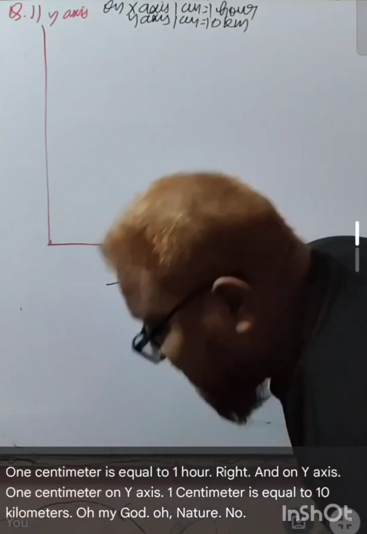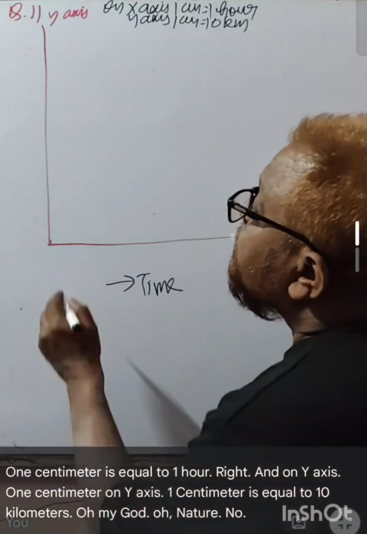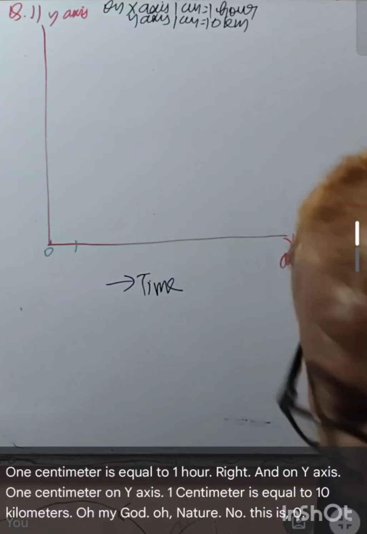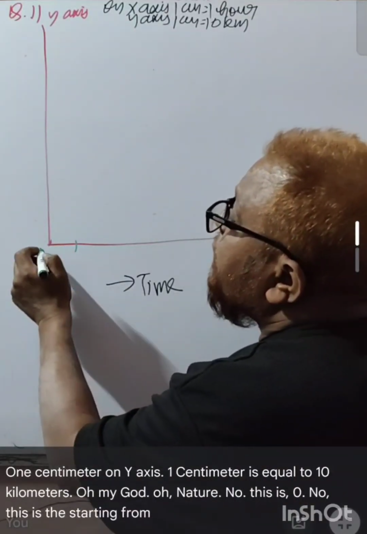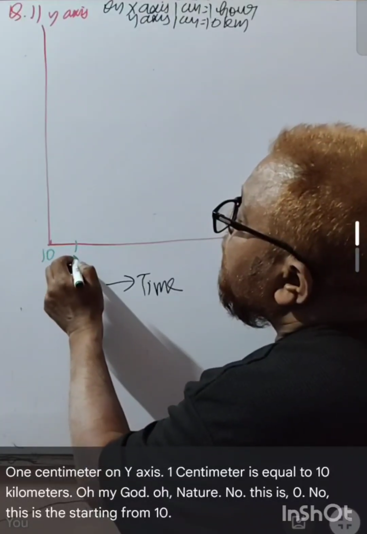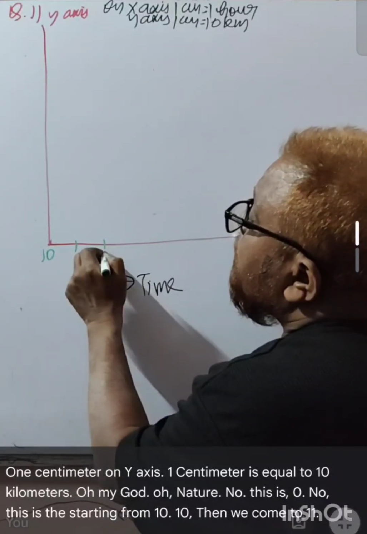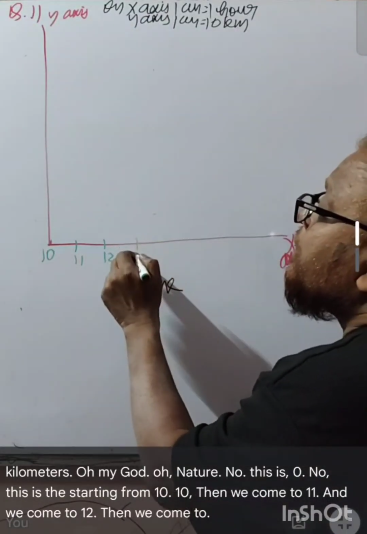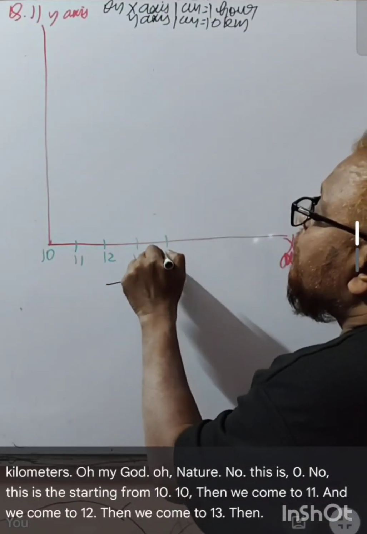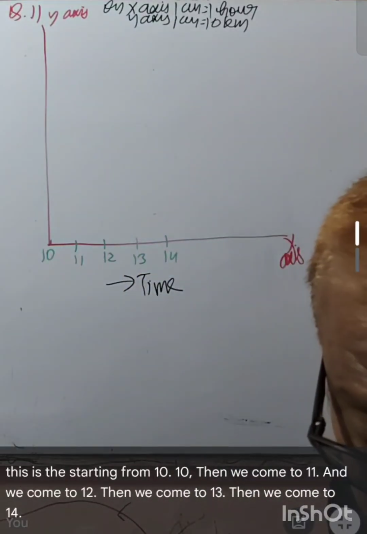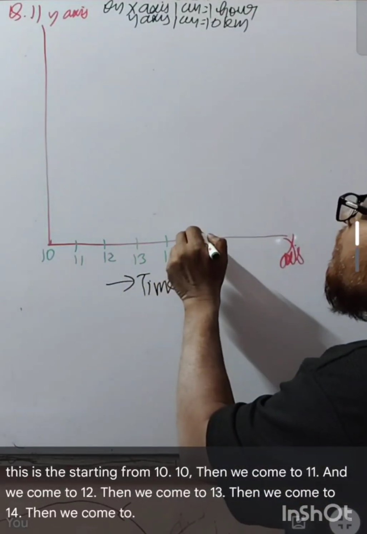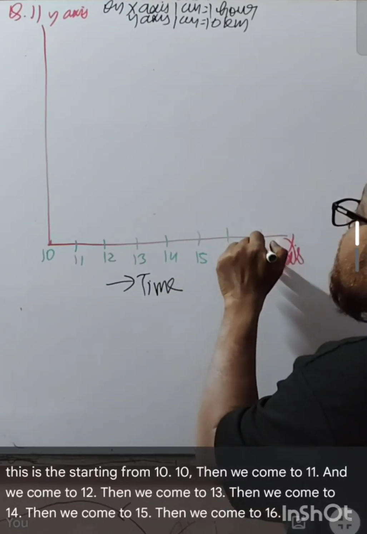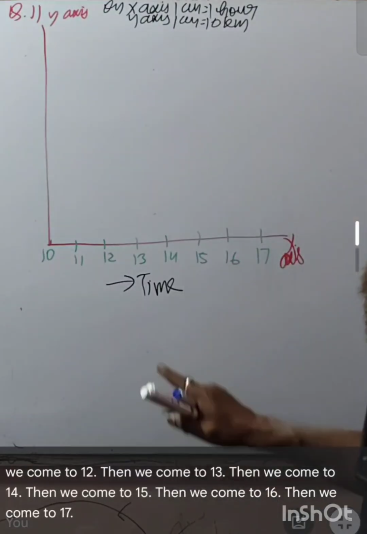Now this is starting from 10. 10, then we come to 11, 12, 13, 14, 15, 16, then 17 hours.